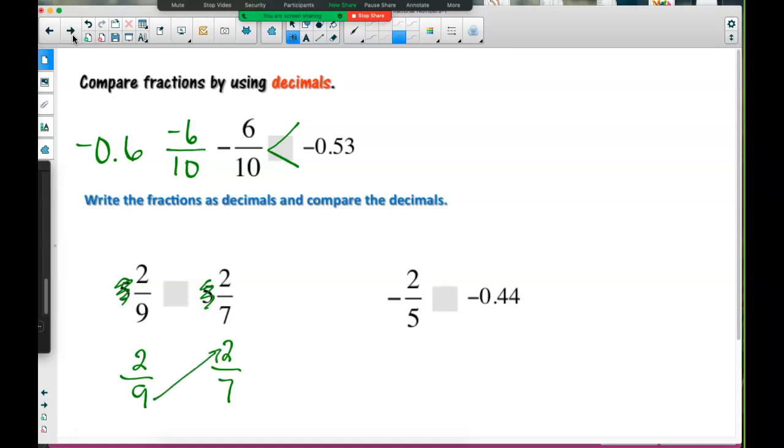You could do your cross products. 14, this one would be 18. 18 is bigger. So, with the whole numbers there, 5 2/7 is a little bit bigger than 5 2/9. Now, if they were negative, then it would be the opposite.